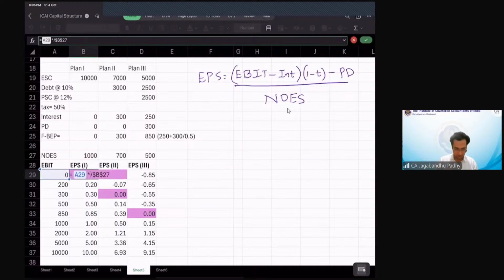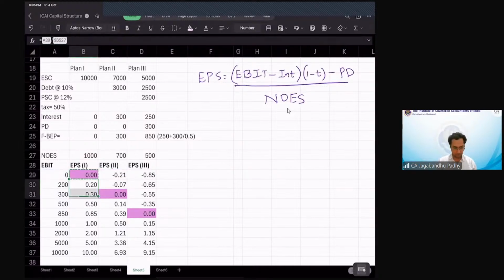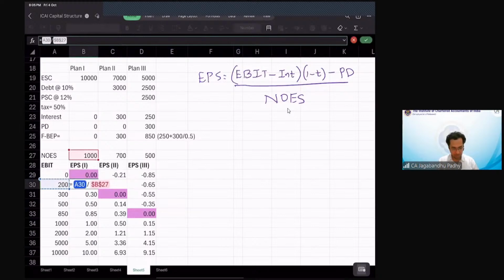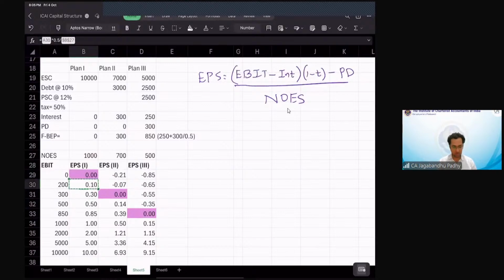I need to multiply it with 0.5, right, guys? Just taken the EBIT. That should not be the case. I need to multiply it with tax also, correct? Yes. Now it is okay.